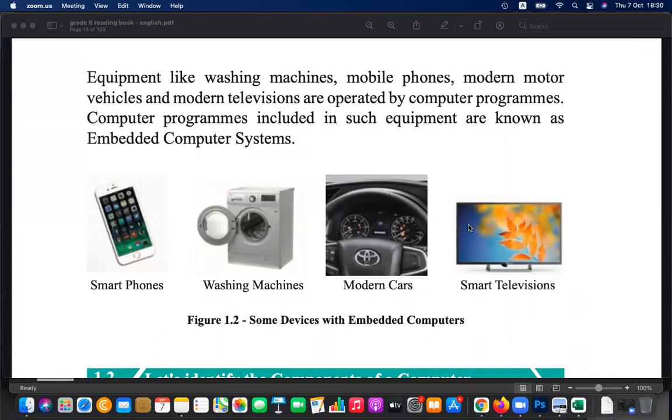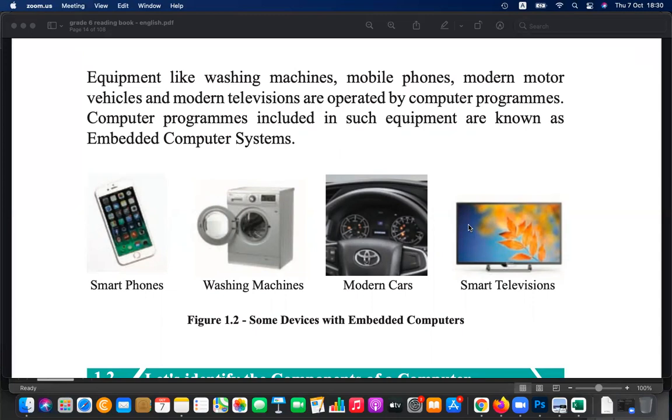In the refrigerator. Refrigerator, yes, correct. Modern refrigerator. Anything else? Other than the refrigerator? Yes.